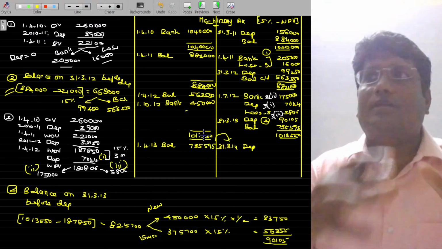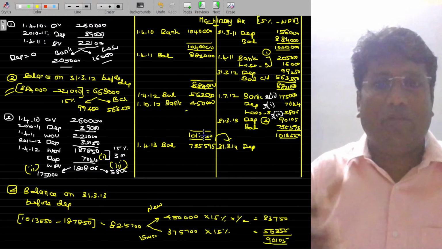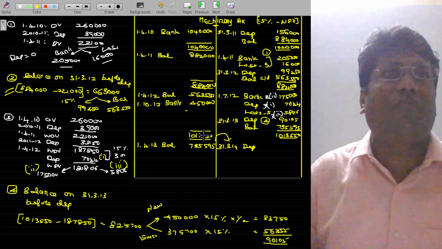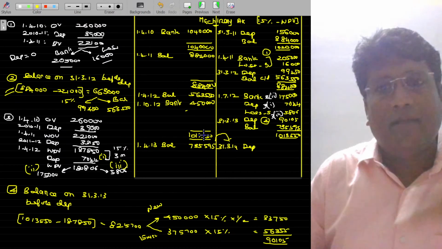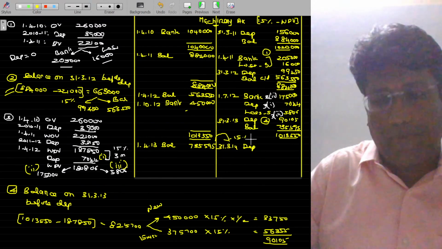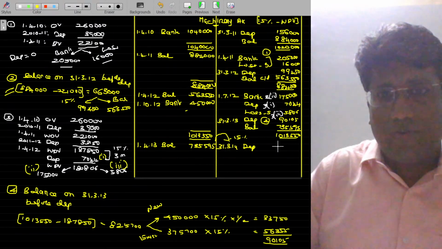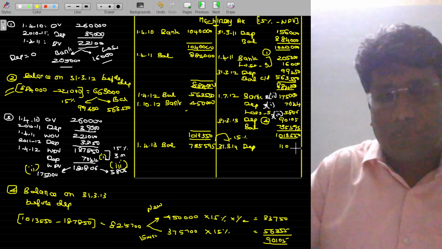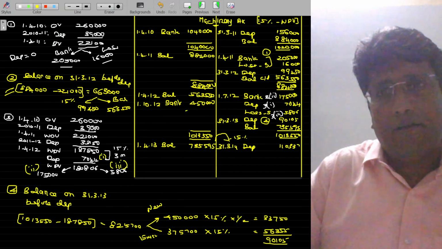If there is any transaction, you have to find out the balance. Whatever the balance is there, is eligible for 15% depreciation for the full year. So for that 7,35,595, 15% will now be applied. That 15% value here being 1,10,339.